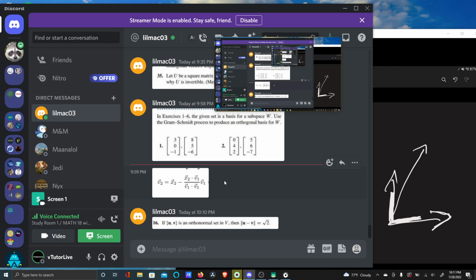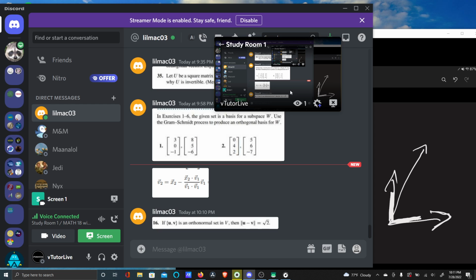Okay, so if u and v is an orthonormal set in V, then the norm of u minus v is equal to root 2. Do we know what V is? Capital V? Sorry, I cut that part off.